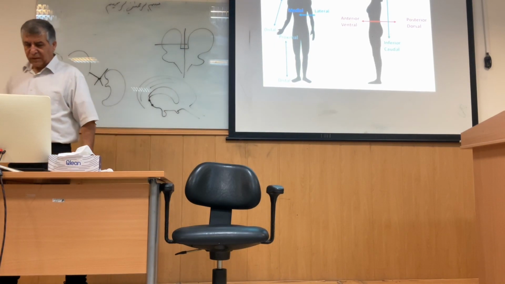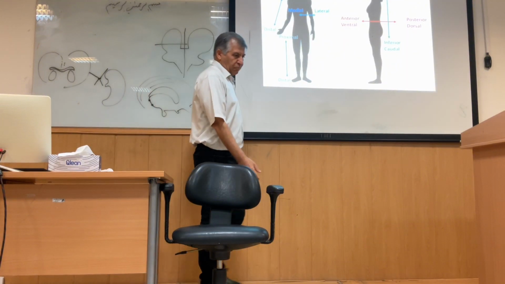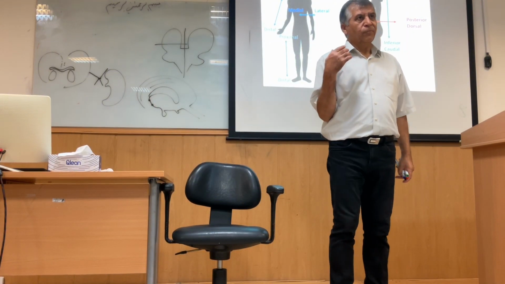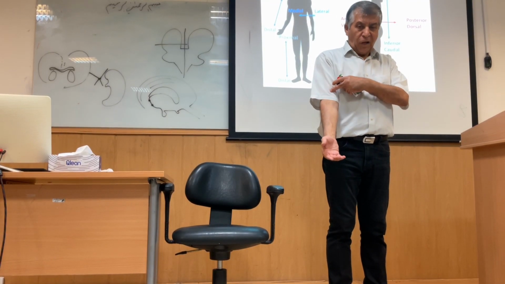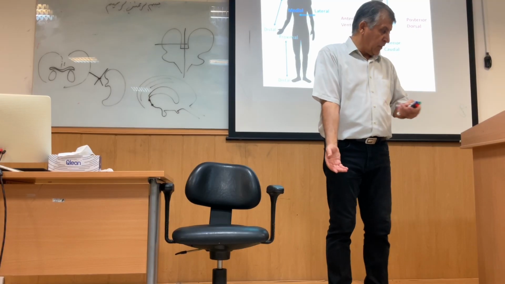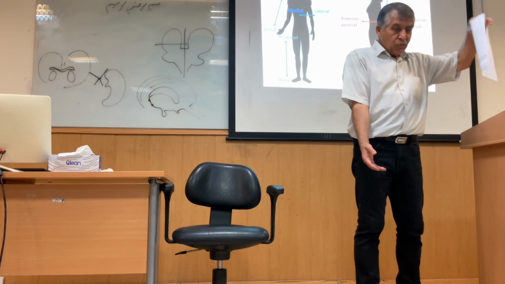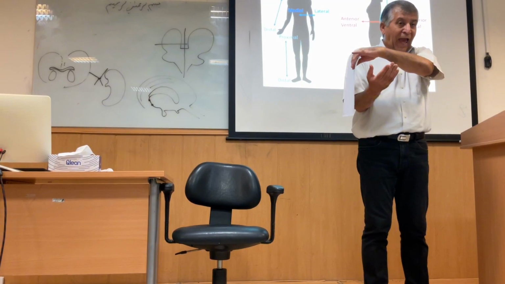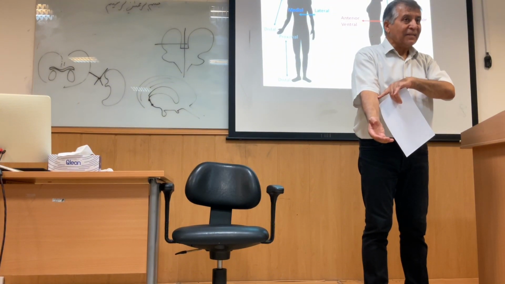The other function of the plane is in movement. For example, what is this movement in my elbow? Flexion, because this function is done on the sagittal plane. And the angle between two organs is decreased.